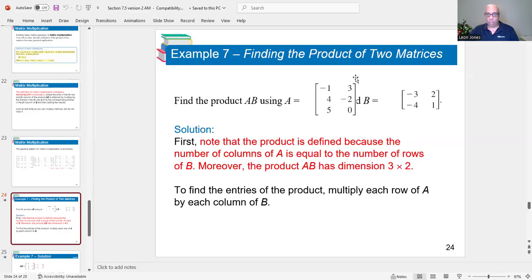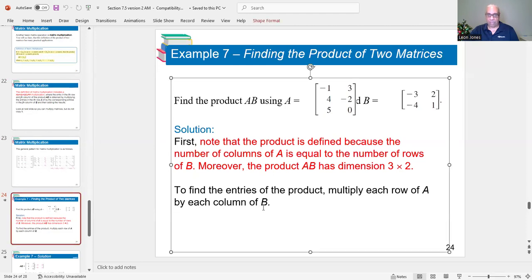This is a 3 by 2 matrix. Find entries of each product, multiply each row of A by each column of B.